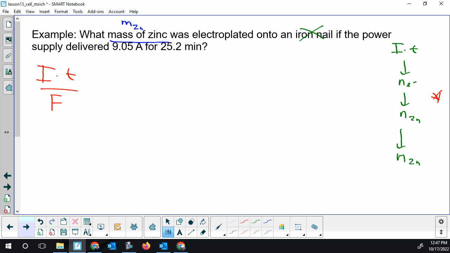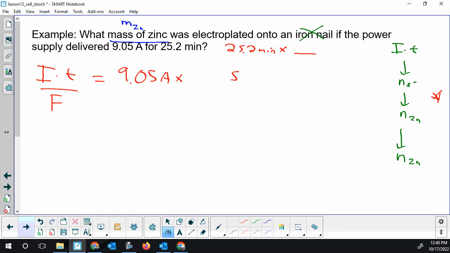Current, that's in amps, so I don't have to do any conversion there. That means coulombs per second is the meaning of amps. Times our time. Now I'm going to stick in seconds right away to cue my brain. I need seconds, which I don't have. So I have to convert 25.2 minutes into seconds. There's a lot of ways to do this.